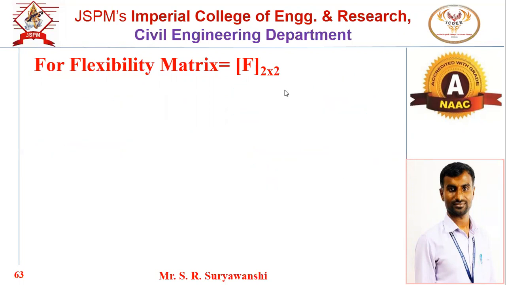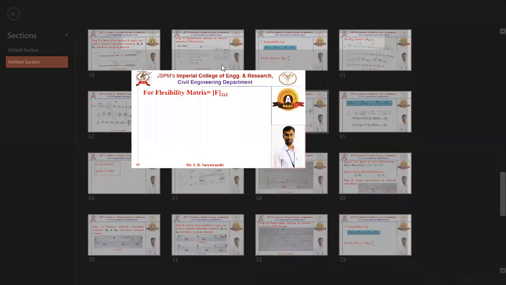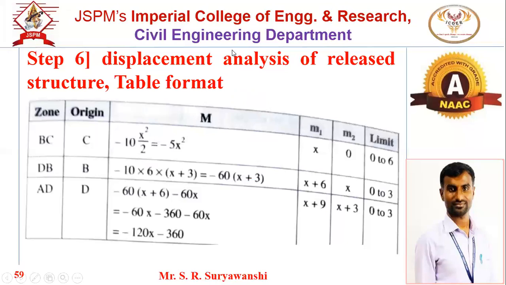Okay. So if you go back to the table, what we can conclude, F11. For F11, m1 into m1 means that will be x square integration 0 to 6, plus x plus 6 square integration 0 to 3, plus x plus 9 square integration 0 to 3. Then F12, this into this will be 0, plus this into this integration 0 to 3, then this into this integration 0 to 3.